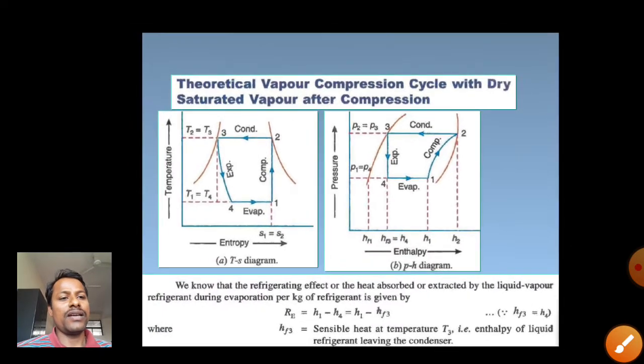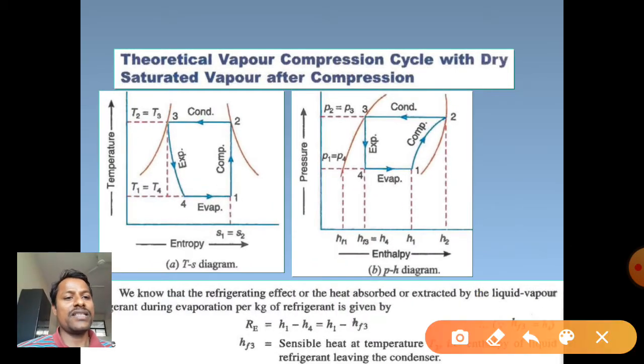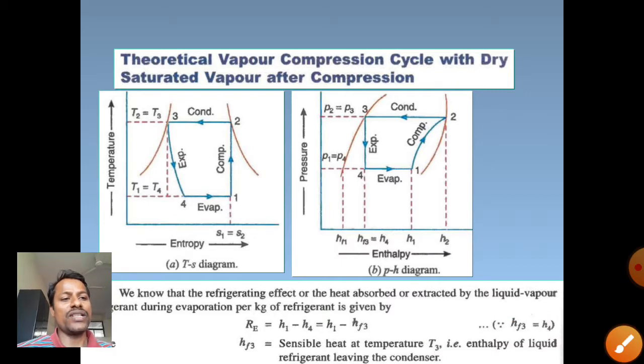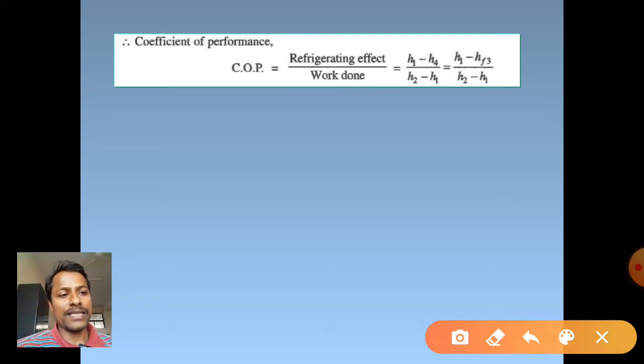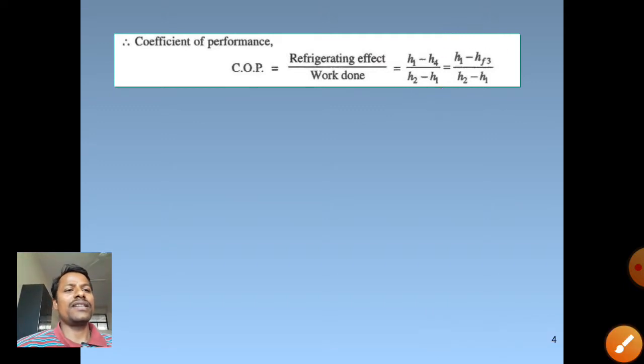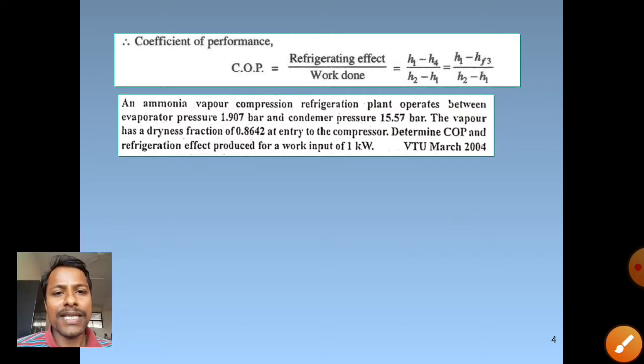So what is HF3? HF3 is the sensible heat at temperature T3, or the enthalpy of liquid refrigerant leaving the condenser. Now the coefficient of performance for this cycle remains the same, H1 minus H4 divided by H2 minus H1, wherein H4 is replaced with HF3.